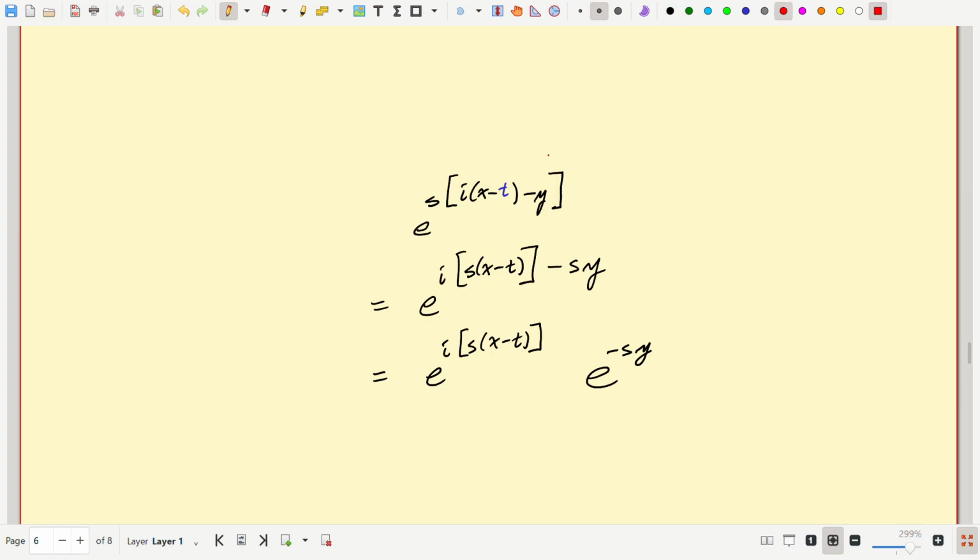And so if I take the modulus, that would be the modulus of this one times the modulus of this one.